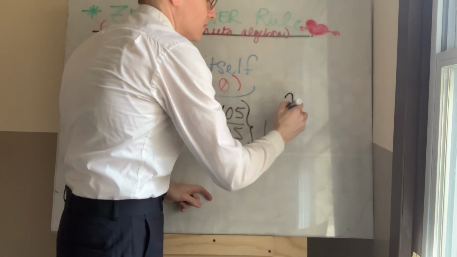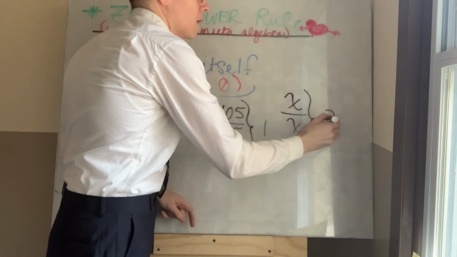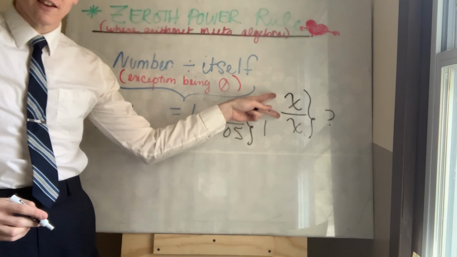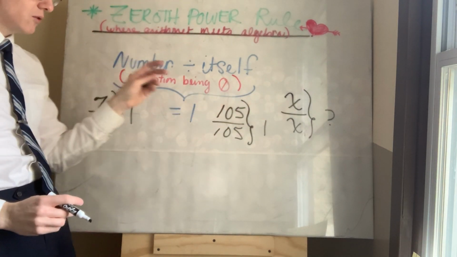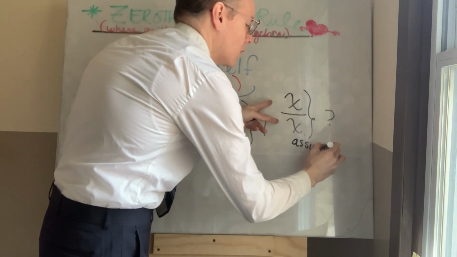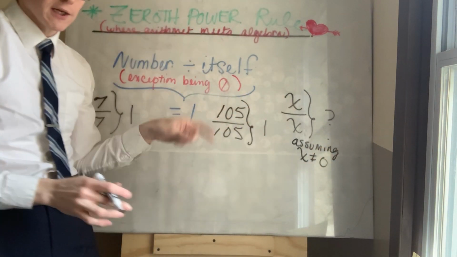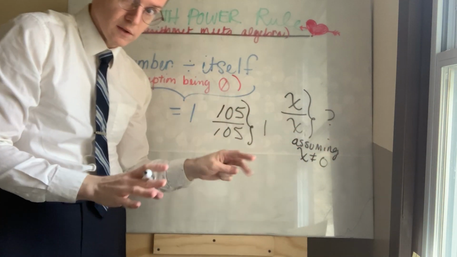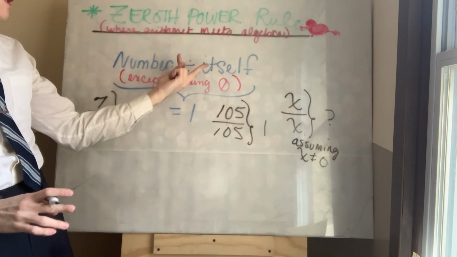How about x divided by x? Granted, I don't know what x is, but by sheer logic, assuming that x isn't also 0, which would be dividing by 0, and that is a mathematical impossibility, you would get 1.